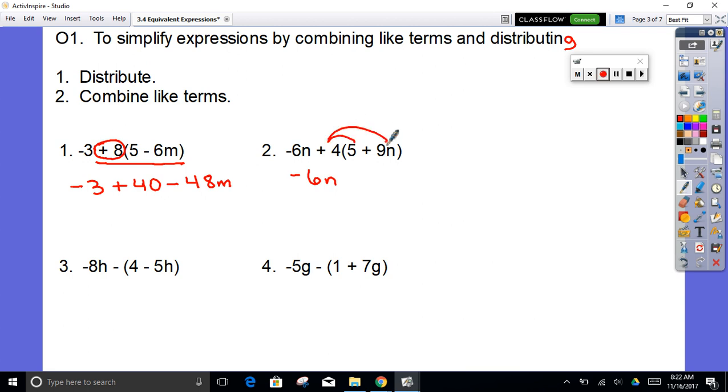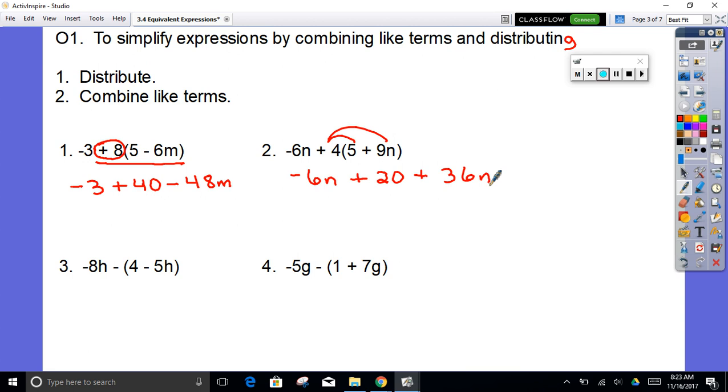Okay, and what do we get? You get plus 20. And then plus 36. Okay, good. Now, I don't know what I was doing number 1. I just kind of kept going, but number 1 is not finished. Let's finish number 2, then we'll go back and look at number 1.